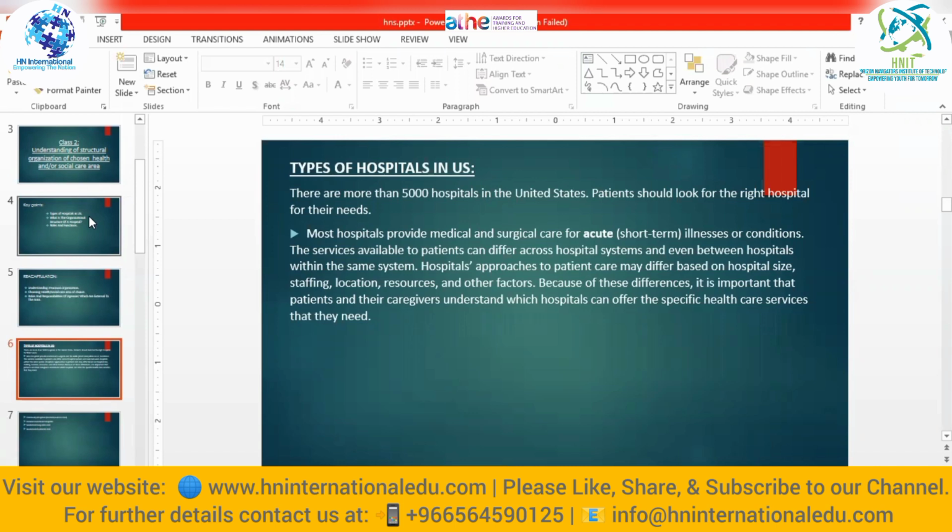First point is types of hospitals in the US. There are more than 5,000 hospitals in the United States. Patients should look for the right hospital for their needs. What does it mean? It means that if a person or patient is having some pain in his joints, he should consult a hospital in which orthopedic surgeons, or the doctors that deal with bone health, are present.